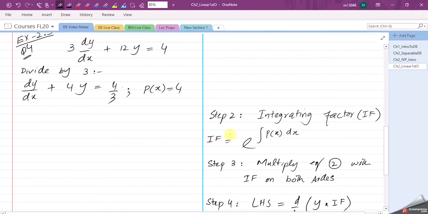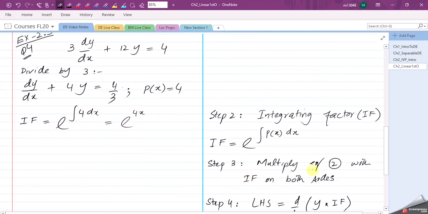The formula is e power integral p of x dx. So we do step 2. IF equals e power integral p of x dx. p of x is 4 and then dx. So that is e power 4x.